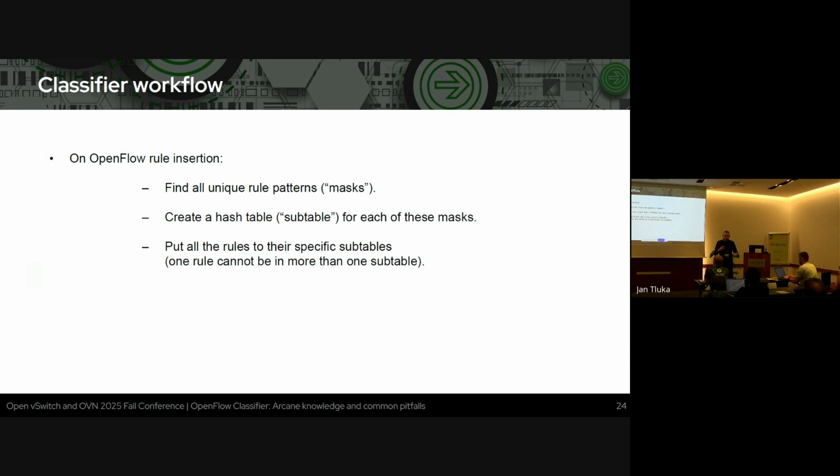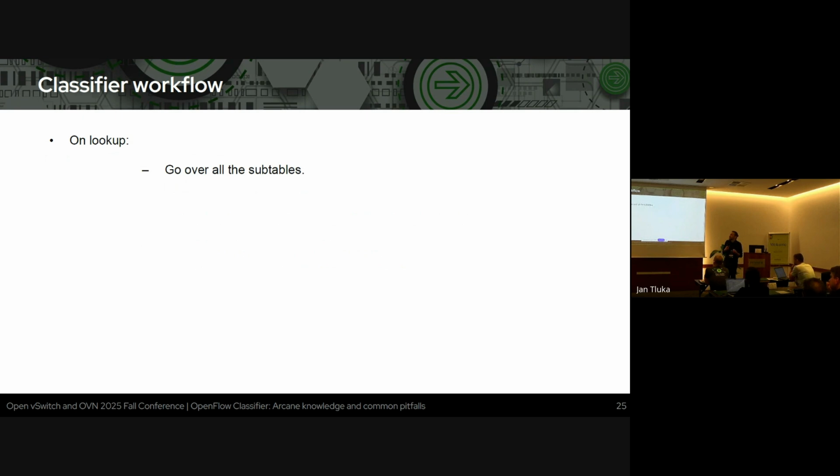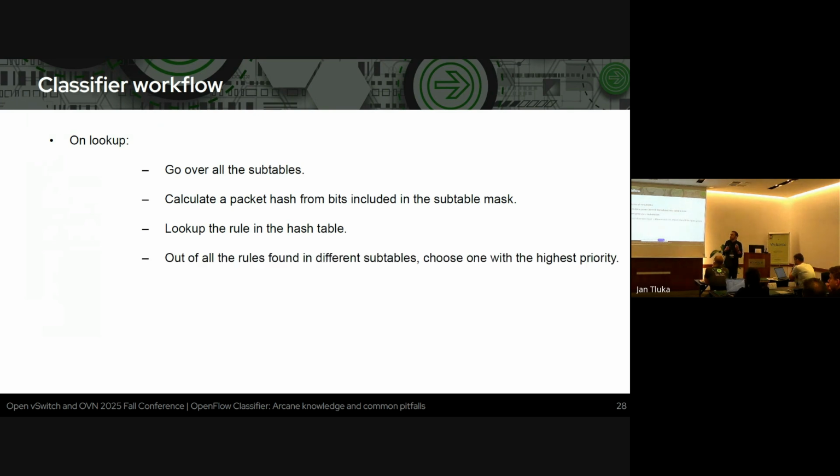Then we put all the rules in their respective subtables. On lookup, we go over all the subtables, calculate hashes using bits from the mask of this particular subtable, perform a hash table lookup, and out of all the rules found in all the different subtables, we just pick the one with the highest priority. And that's our result.